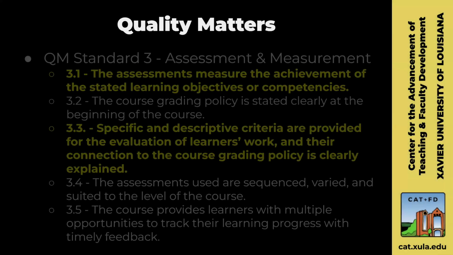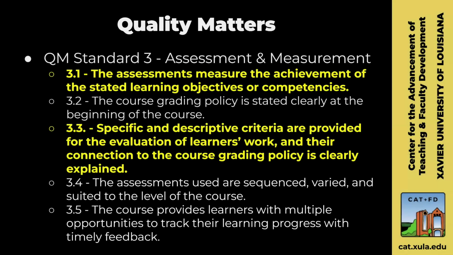I always like to start by referencing back to Quality Matters, because our Learn Everywhere course was designed around the Quality Matters standards. And so the standards that apply to today's topic is Standard 3.1, which is the assessments measure the achievement of the stated learning objectives or competencies, and 3.3, where specific and descriptive criteria are provided for the evaluation of the learner's work.